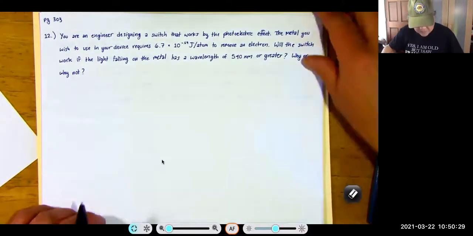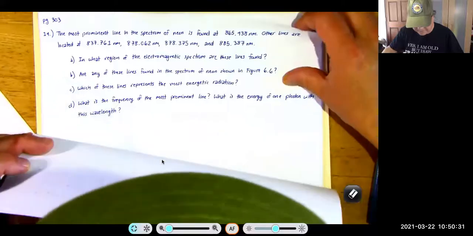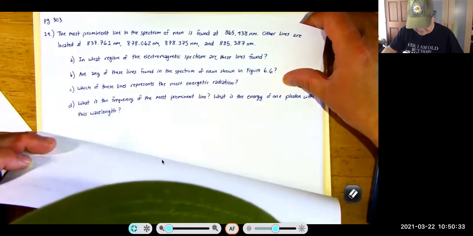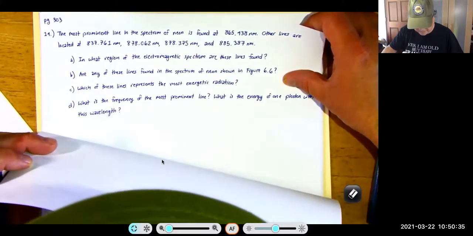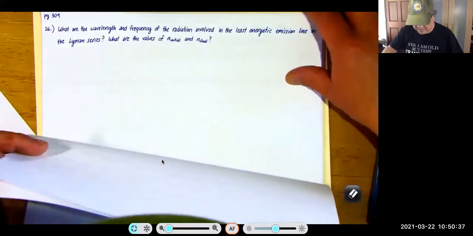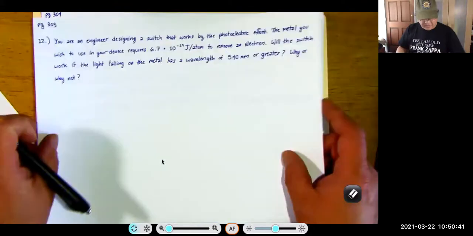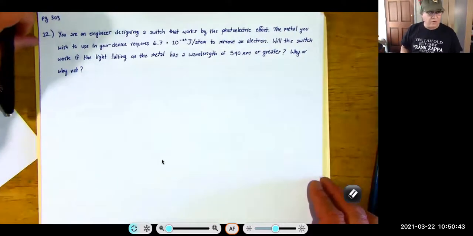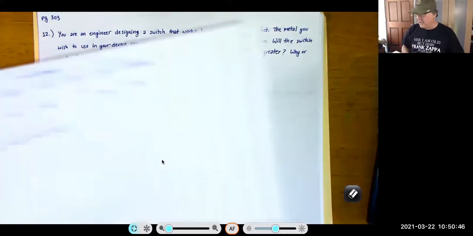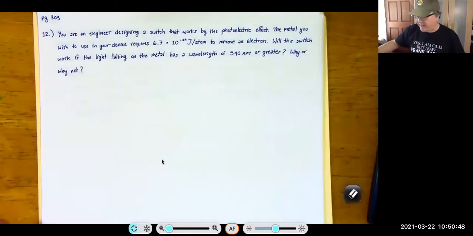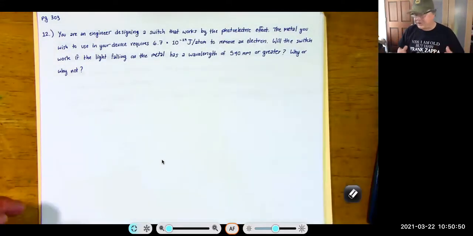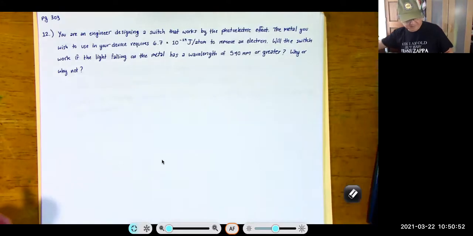Let me see how many more of these we want to do. Okay, we're going to do a couple more, and then we're going to hold off because we're going to start getting into the structure of atoms and emission spectra and absorption spectra.